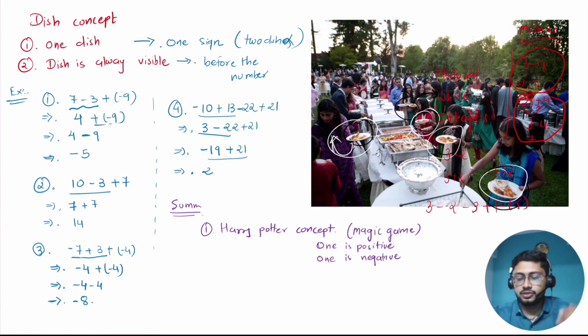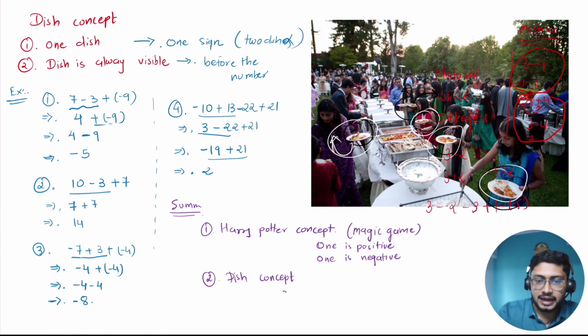Not zero, but we need to understand who sustains more, they will win. And second, the dish concept: anyone can hold only one dish. If two dishes are there, combine them and simplify. If we have more than 4-5 numbers, simplify two numbers at a time and start from the left hand side.